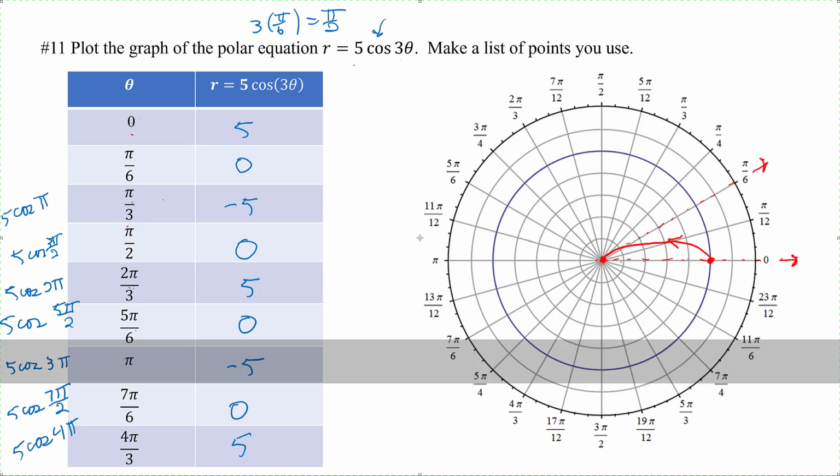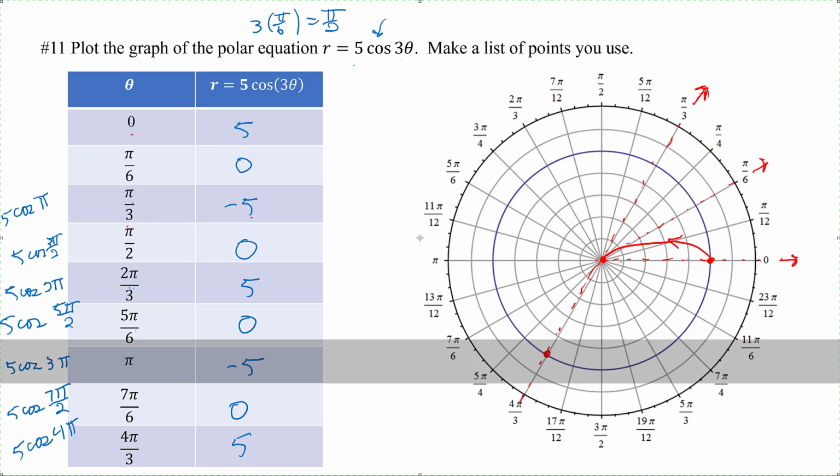And then we go to pi thirds. So at pi thirds, we're actually going in the negative direction. So I'm going to need to come down here along the pi thirds and keep going. So at pi thirds, we're going negative 5. So we're going 1, 2, 3, 4 in the negative direction along the positive pi thirds.